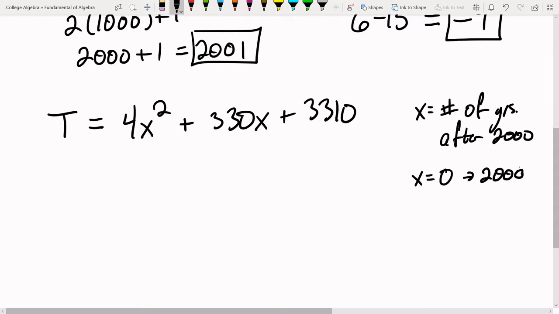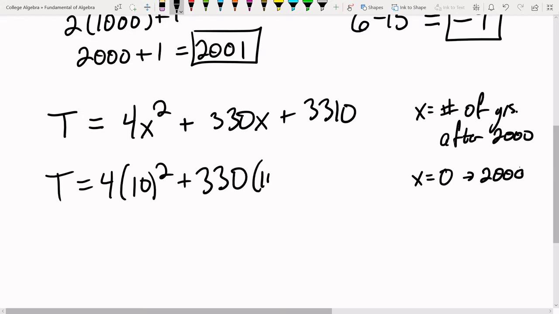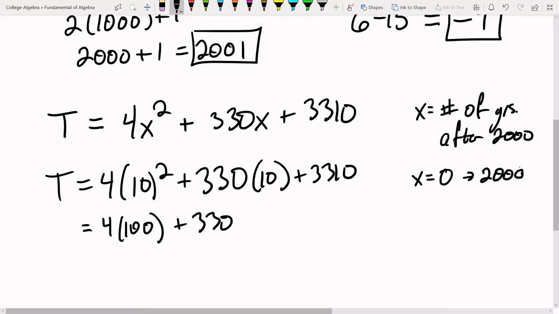So if you wanted to figure out what this model estimates for the year 2010, all we have to do is plug in x equal to 10, because 2000 is x equal to 0, so 2010 would be x equal to 10. Plug the number in, and now we just solve this using PEMDAS. 10 squared is 100. 10 plus 33 is 10.